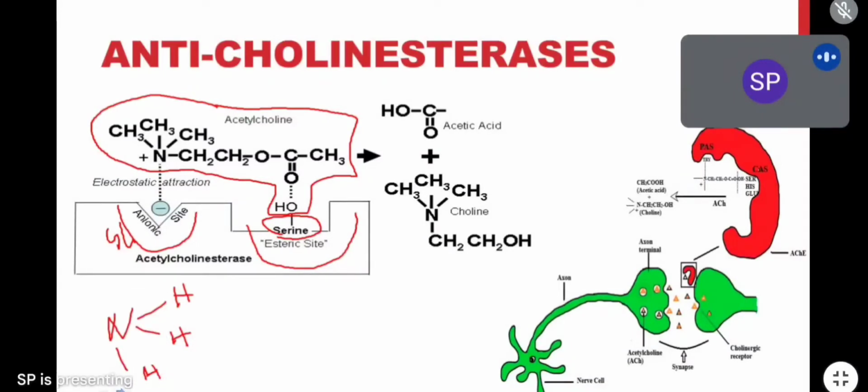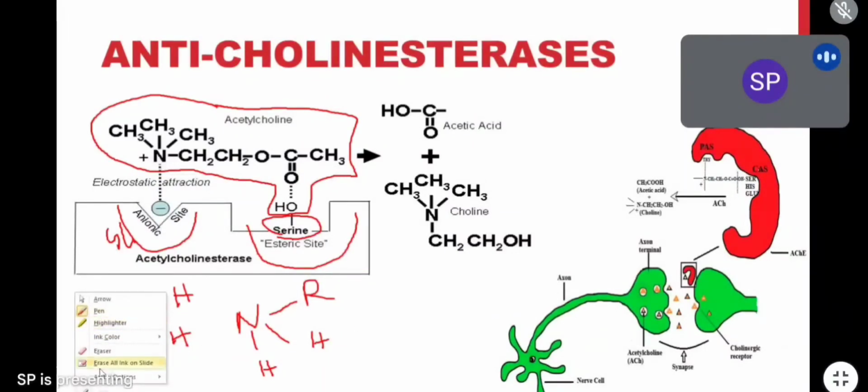In organic chemistry, you might have studied this in first year. If nitrogen has one alkyl group and two hydrogens, that compound is called a primary ammonium compound. If nitrogen has two alkyl groups, it is called a secondary ammonium compound.